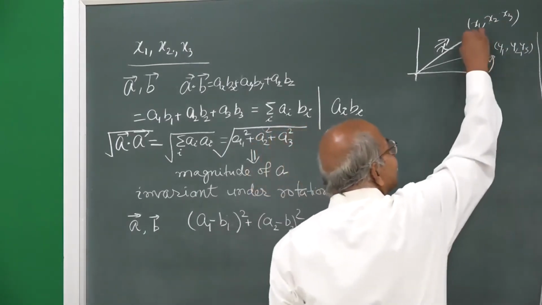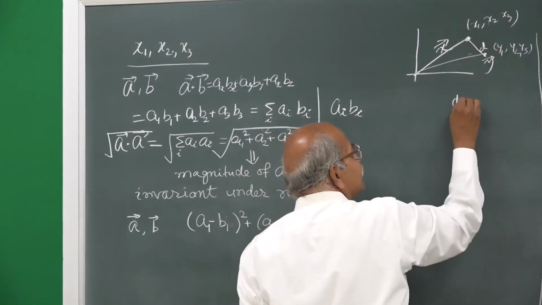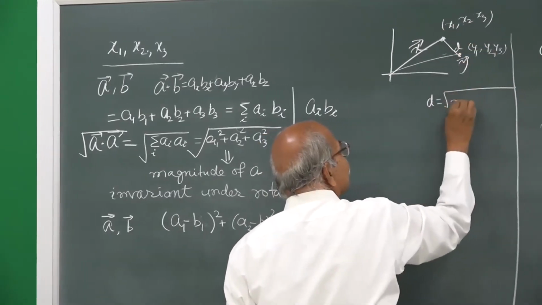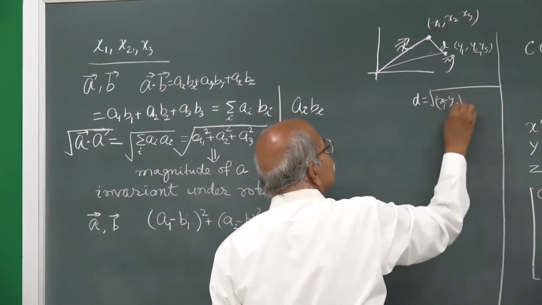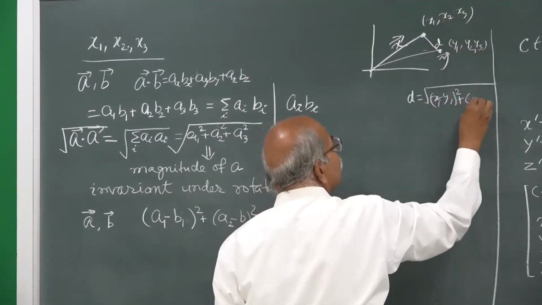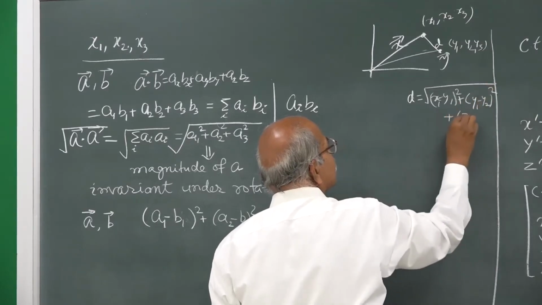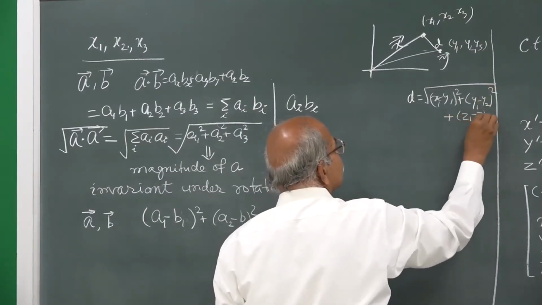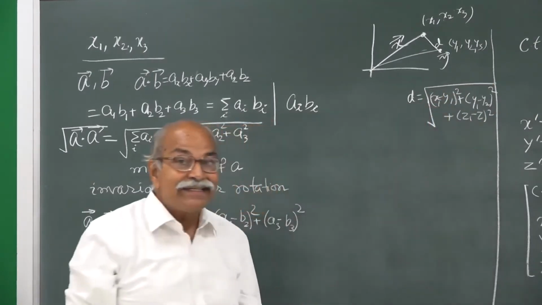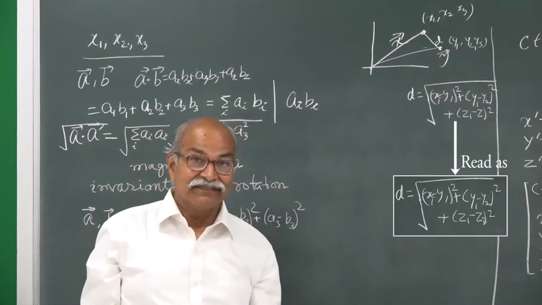So, if you write this distance d, then this d is the square root of x1 minus y1 square, plus difference of y coordinates square, and plus difference of z coordinate square. This whole thing is your distance that is also invariant under this rotation.